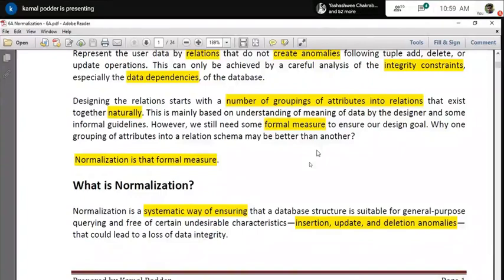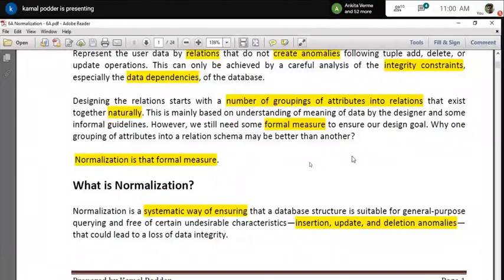Maybe the ER diagram is showing that this particular object, the student object, needs these attributes. Fine, from the ER point of view it is okay, but it is not okay from the normalization point of view, and ultimately the design objective point of view. So I need some formal measure to check whether a particular relation is appropriate or not. That means you are considering the group appropriately, so that there should not be any anomaly. There should be some formal way of doing that.